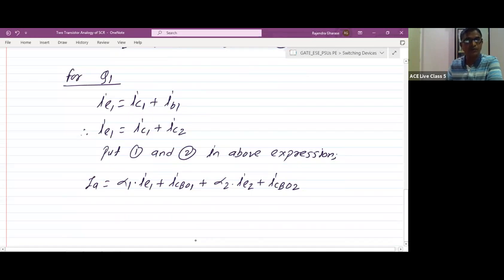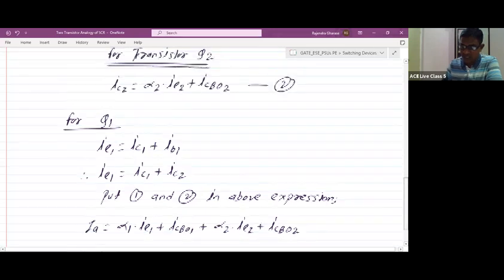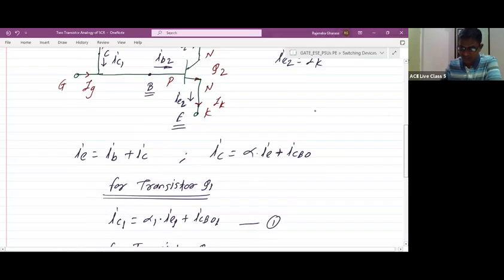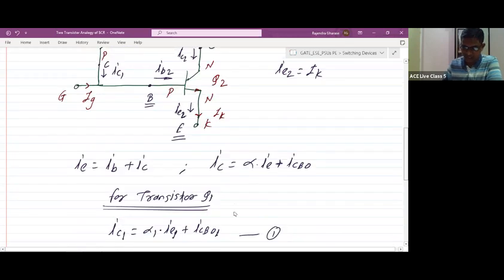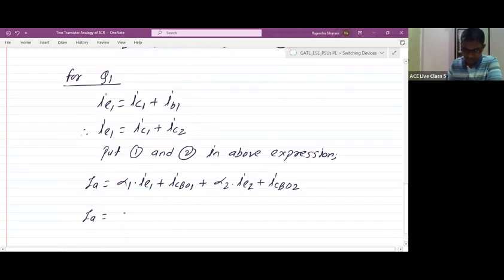Further we replace IE1 with IA and IE2 with IK. So IA is equal to alpha 1 into IA plus ICBO1 plus alpha 2 into IK plus ICBO2.